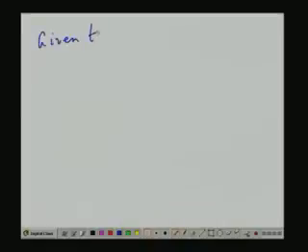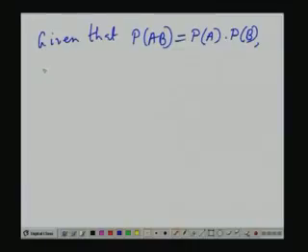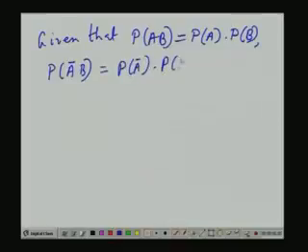Given that the two events A and B are statistically independent, we should have P(A bar B) also written similarly, that is the two events A bar, that is A complement, and B, they are also statistically independent.